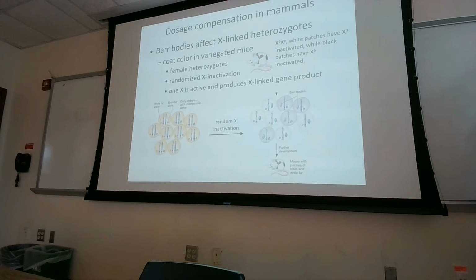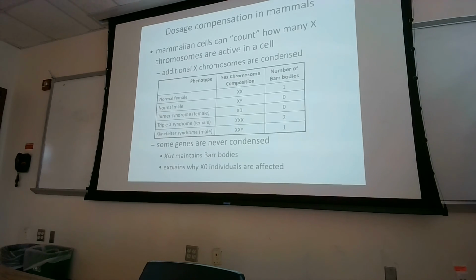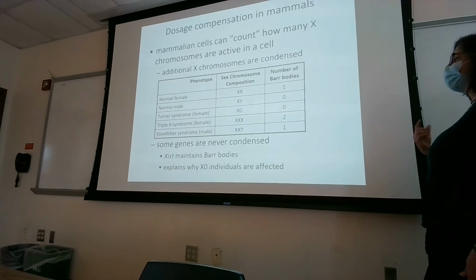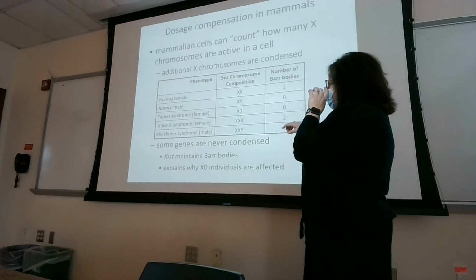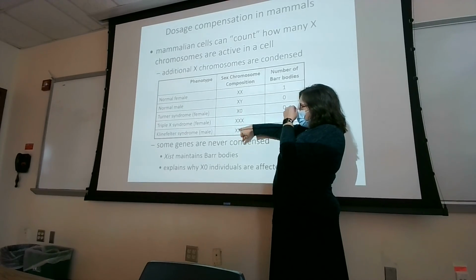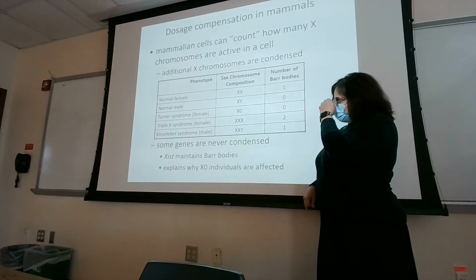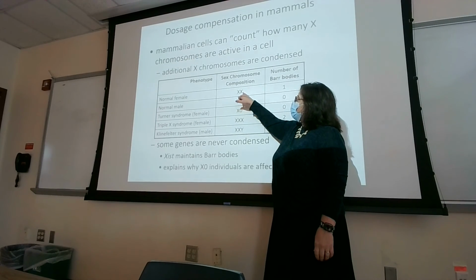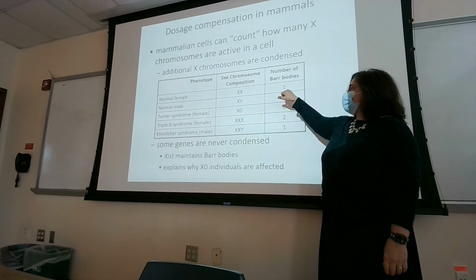There is a way that you can determine how many X chromosomes someone has, and that's just by counting the number of X chromosomes they have, or counting the number of bar bodies they have. Normal females have 2 X's, that means they have 1 bar body.